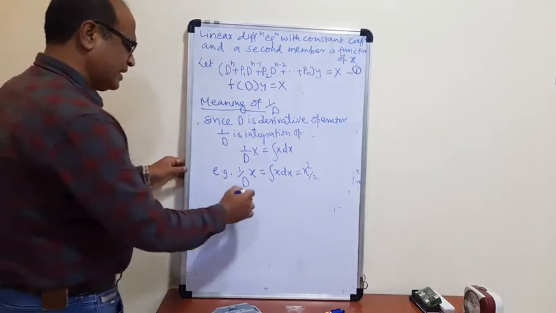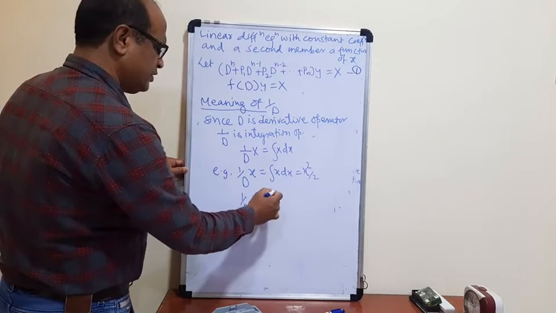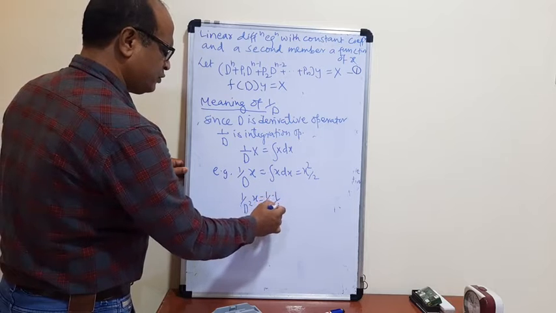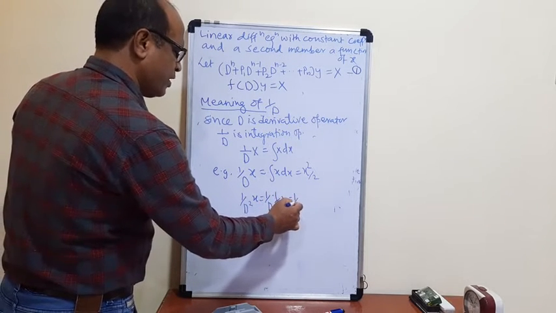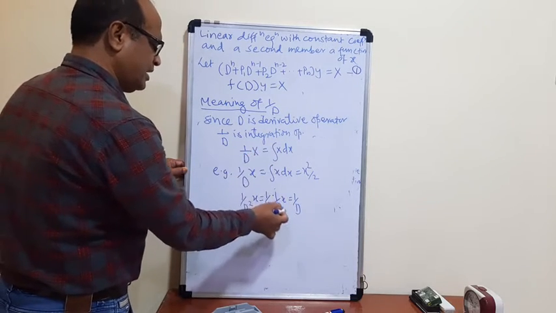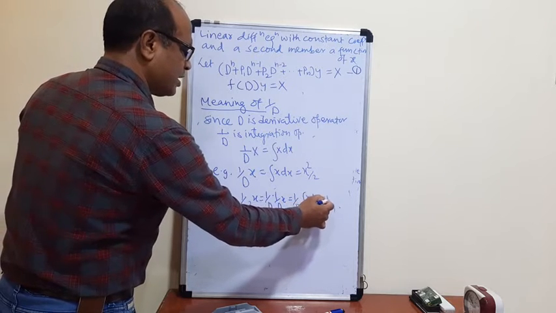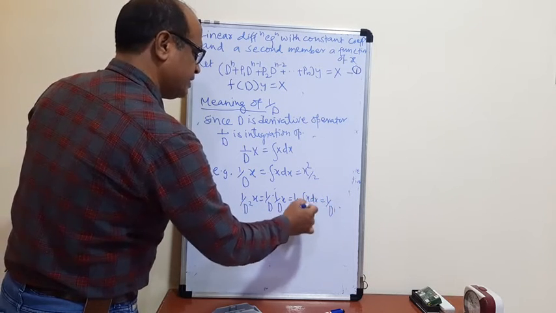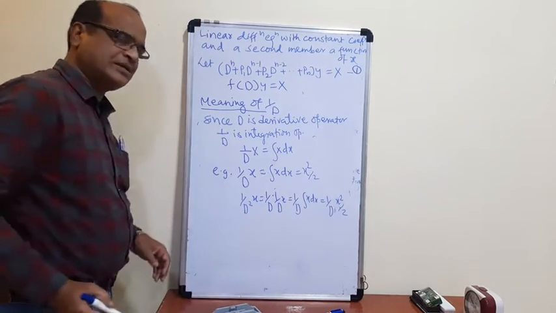So 1 upon D square X is 1 upon D into 1 upon D of X. By using this definition, 1 upon D X is integration of x dx, which is x square by 2.